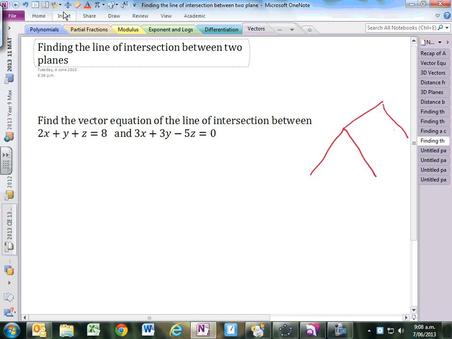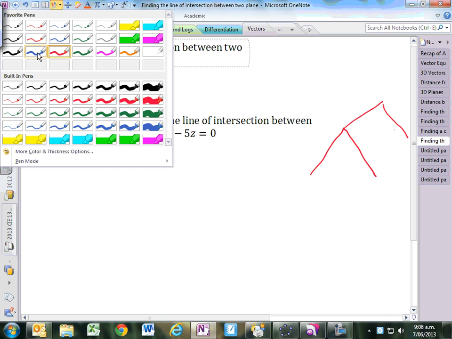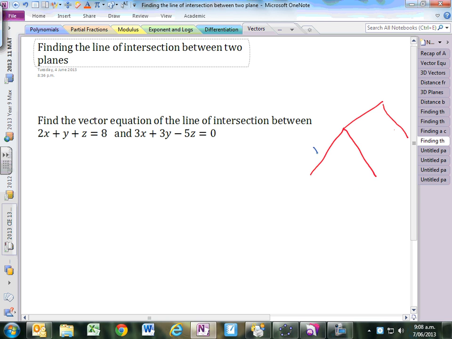Now, if we get the normals to this plane, going that way and going that way, so there are the normals to the plane. And imagine something running along there like that. What can we say about that line and this line over here? They're going to be parallel.